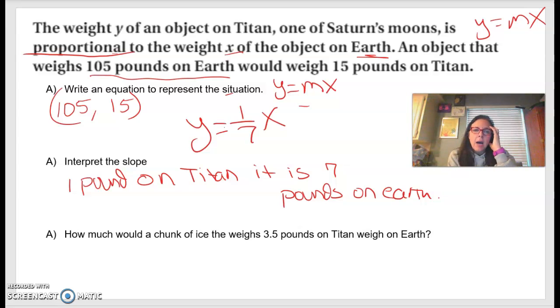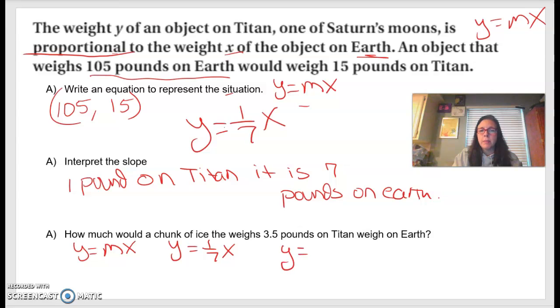Okay? How much would a chunk of ice that weighs 3.5 pounds on Titan weigh on Earth? So you use your equation. Y equals mx. And remember, I'm sorry, not your equation, y equals 1/7 x. And remember, Earth is your x, because we can go back up and see our word problem and see that.